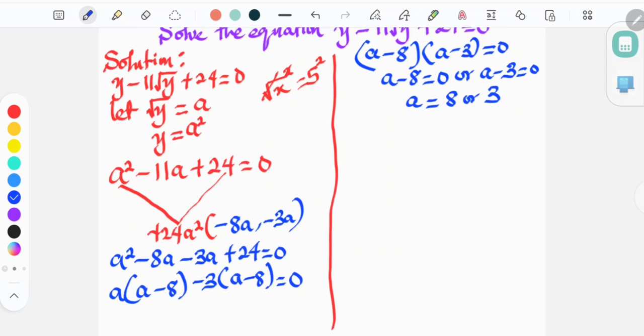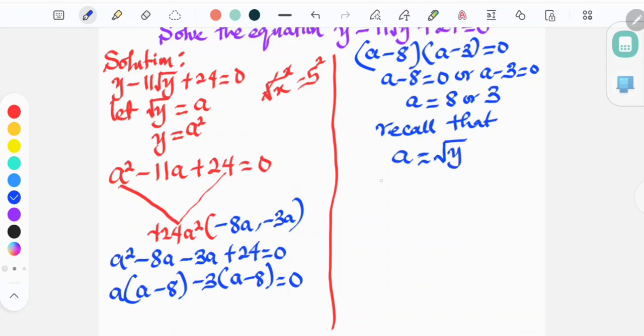Now we are not done. What we are eventually looking for from the question is y. So since we've gotten a now, we can recall that our a was equal to the square root of y.